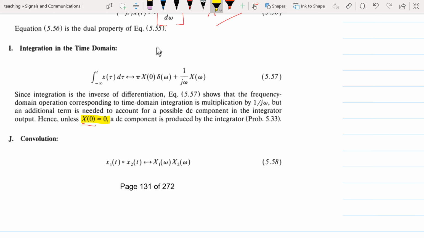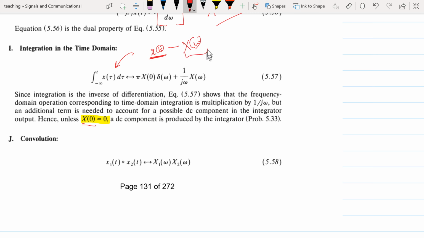Another property is that of integration in the time domain, and it says that if we have our function in time domain x of t, and we know its Fourier transform to be x of omega, but we require to perform the integration in the time domain.